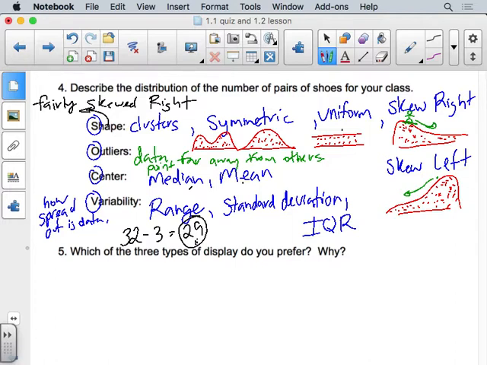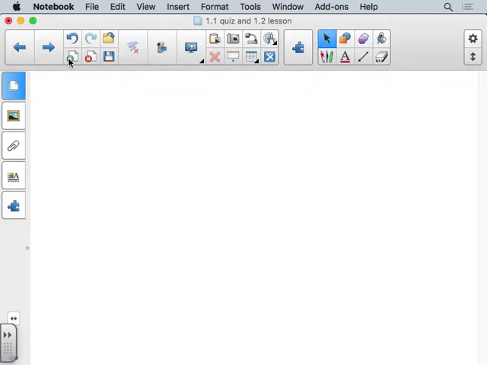Okay, so let's talk about when to use median and mean, and it's related to the shape of our data. We're not going to write that much in number 5, so you can write this at the bottom of your notes if you'd like.